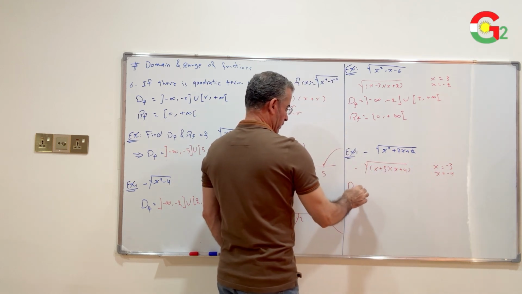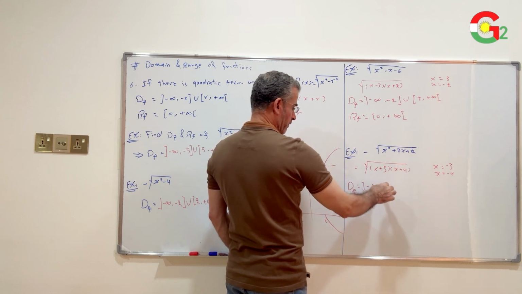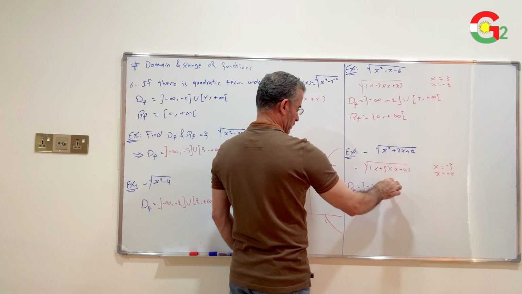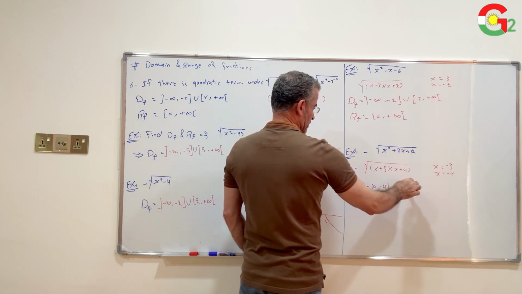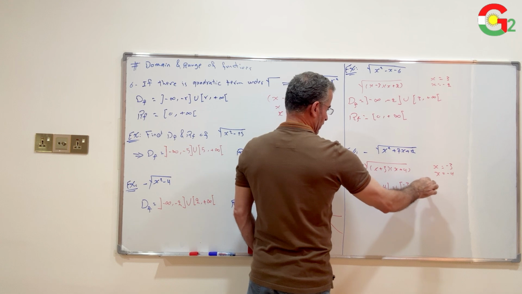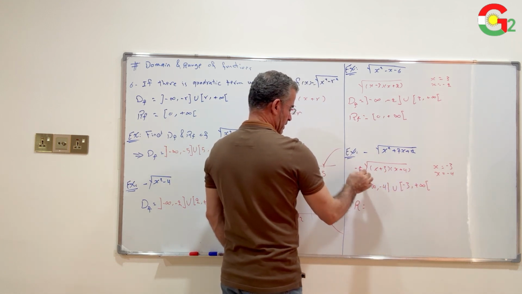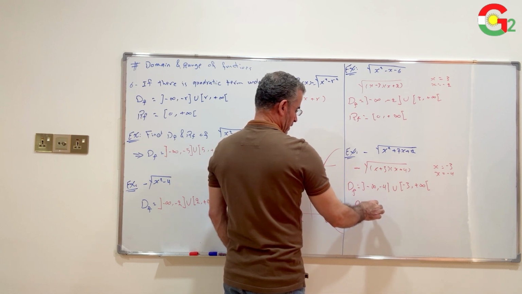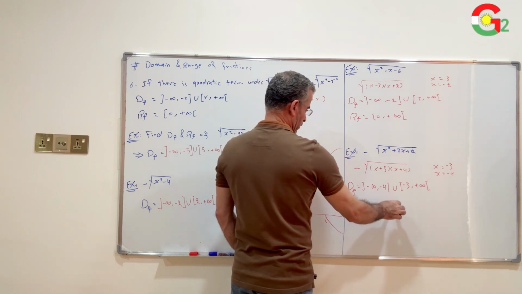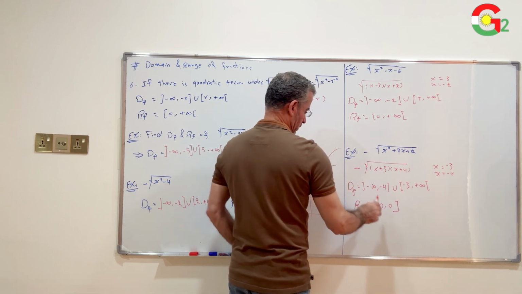The domain will be negative infinity to the minimum value of x, negative 4, union the maximum value of x, negative 3, to positive infinity. The range, since it is preceded by negative, will be negative infinity to 0.